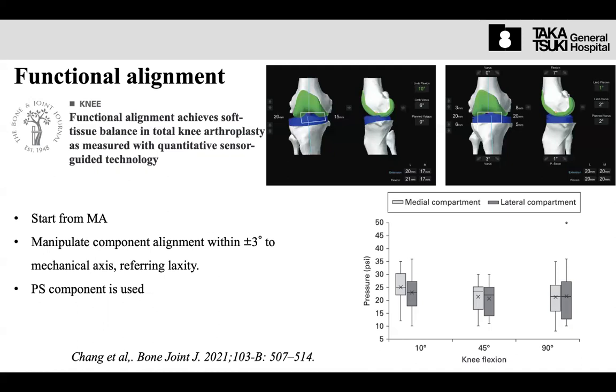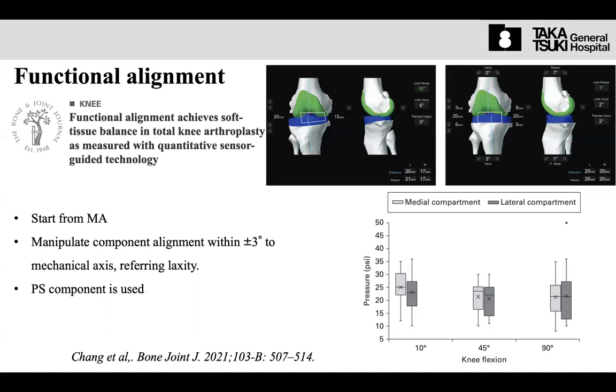Their priority is gap, and alignment and morphology are secondary. The final goal is to make the balanced gap. That is the gapper. So the cutting surface should be different from the patient's native articular surfaces. That is the gapper.